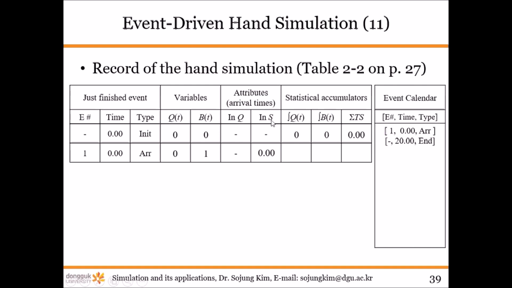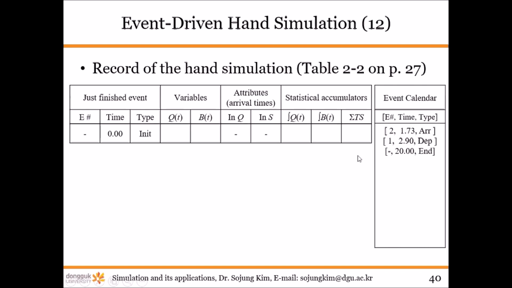In the server we have the first entity, and its arrival time is 0. Sigma Qt is still 0, sigma BT is 0, because 0 times 0 is 0, so that's why 0 0. And then the total time in the system is also 0 because there was no departure event so far.